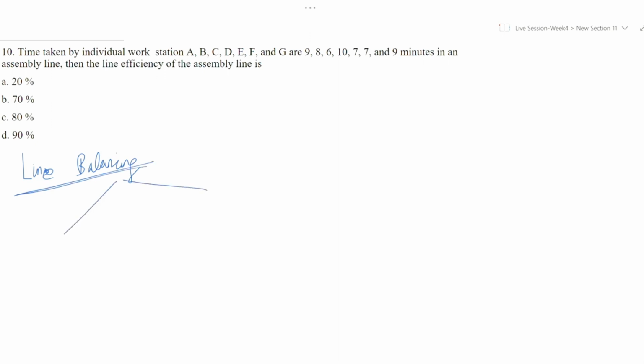This consists of work element or activity or task, and we have a precedence relationship.